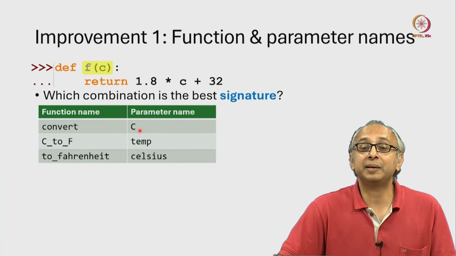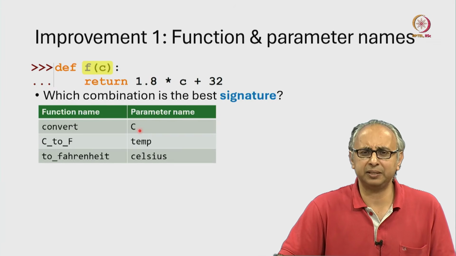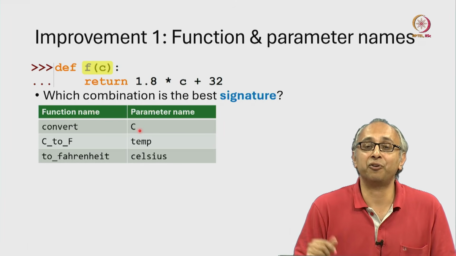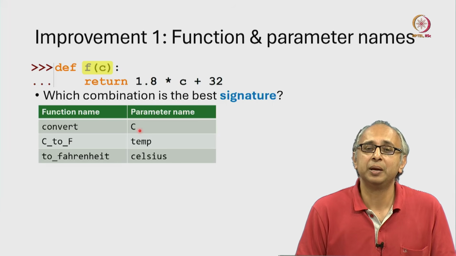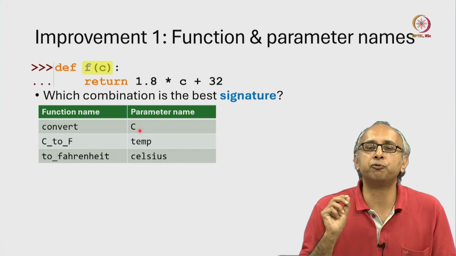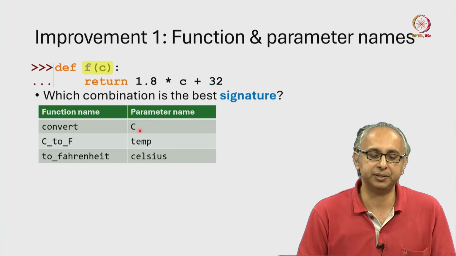Similarly, the name capital C could be used as a slightly better name than lowercase c for the parameter, because Celsius is often written with capital C. But in general, just like with variables, we try to avoid capital letters as the names of our parameters.